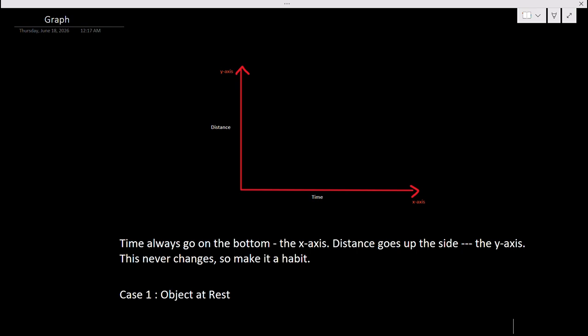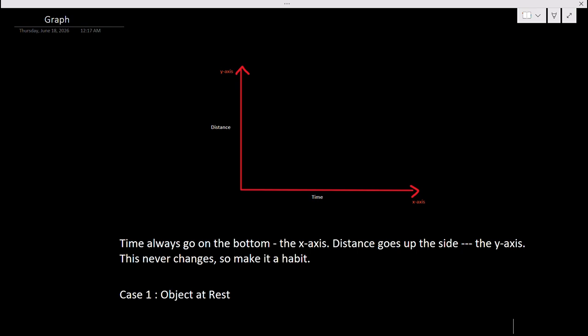So if it's a distance-time graph, distance will go on the y-axis and time will go on the x-axis. If it's a velocity-time or acceleration-time graph, or whatever against time, the time will go on the x-axis and the other quantity will go on the y-axis. So this never changes. Make it a habit to write time on the x-axis and the other quantity on the y-axis.